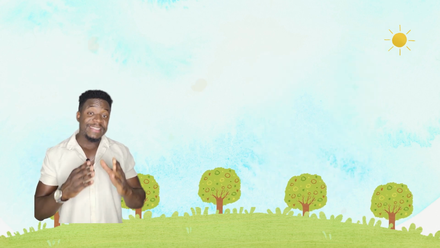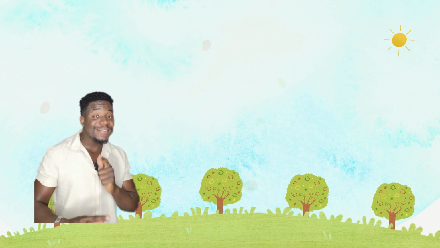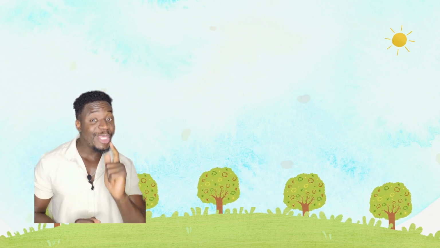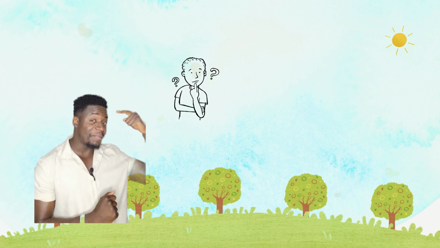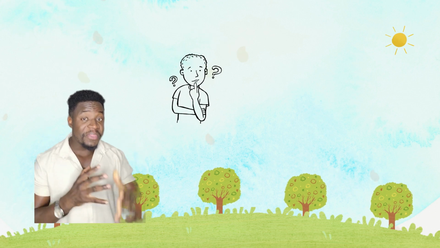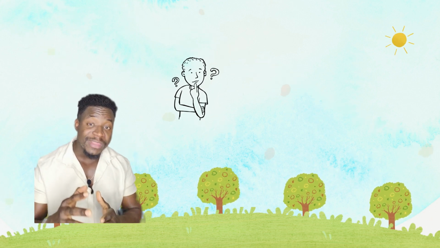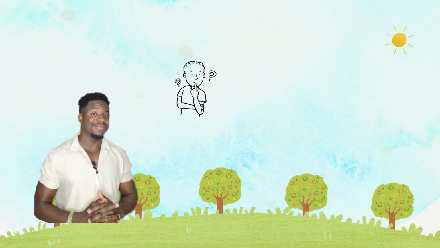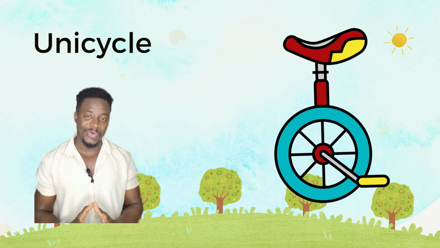Now, let's find a word that begins with U. Think about that word. Let's think about a word that begins with U. Such a word could be unicycle.